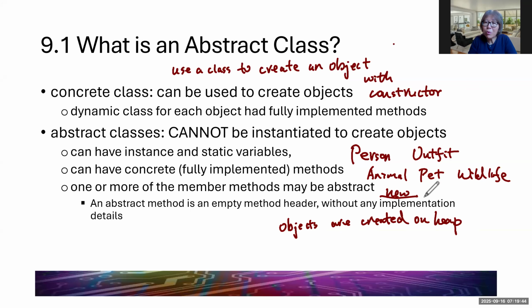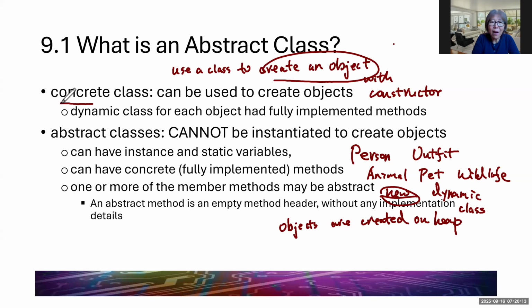When we use new to create an object, we call it dynamic, and we also have a static reference. So all of those classes, basically, are concrete classes. Concrete classes can be used to create objects.